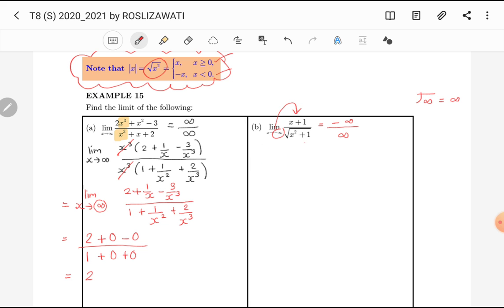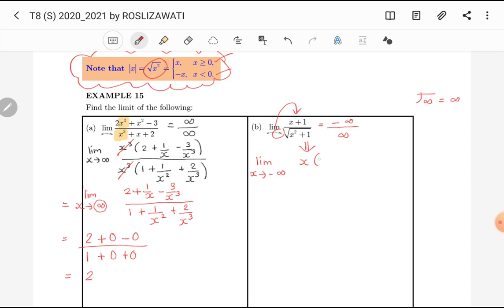Okay, so for this case, okay, kita akan factorize atas dan bawah. Factorize apa? Factorize x yang paling besar degree dia. Okay, so for this case, the highest degree of numerator is x. So we take out x.